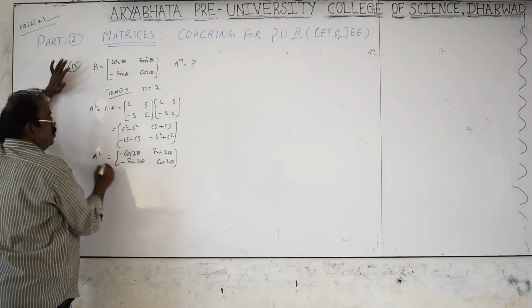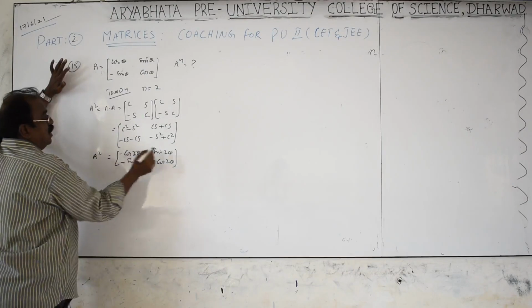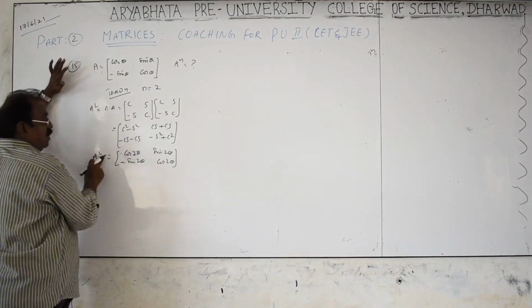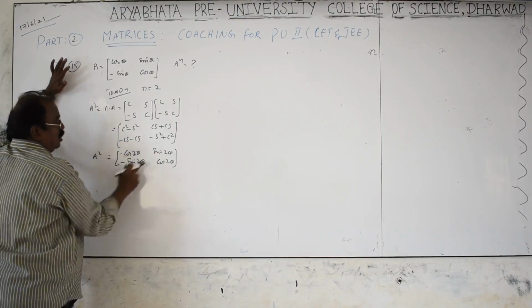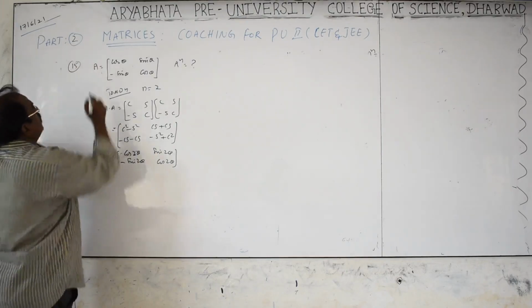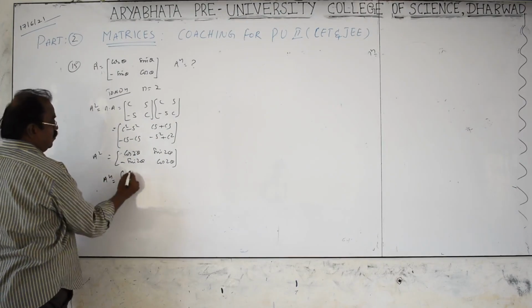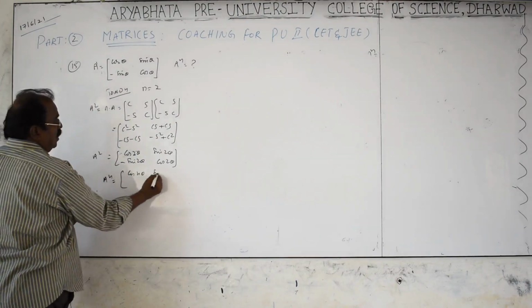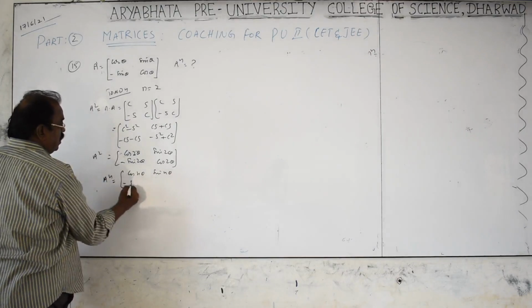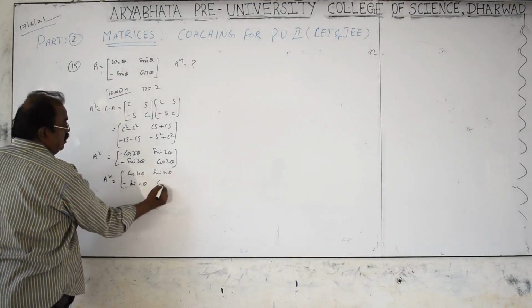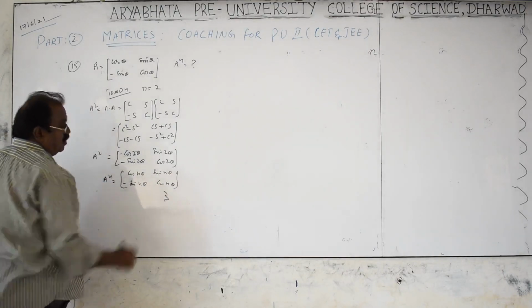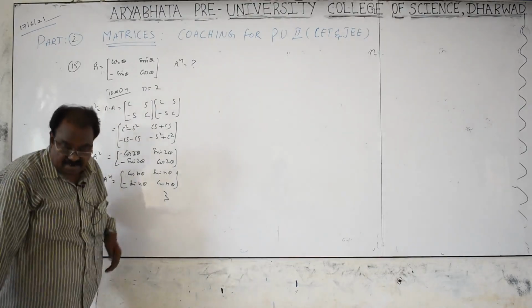So A square is the same matrix with 2 theta. A square index is 2, so 2 theta; A power 1 is 1 theta. So A power n is cos n theta, sin n theta, minus sin n theta, cos n theta. That is the answer. Very good answer.